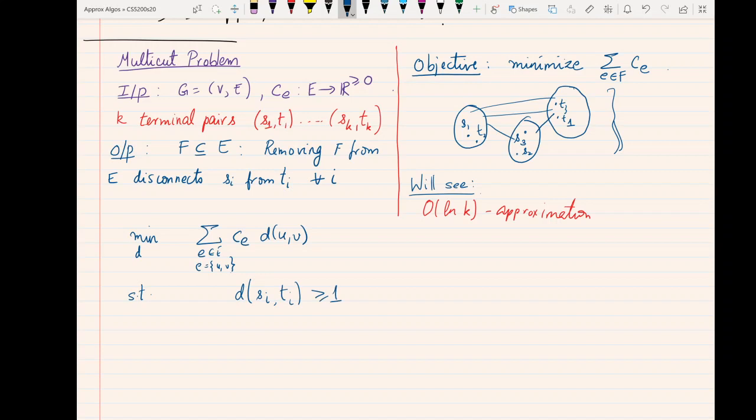So now the Si and Sj pairs can be close together, but every Si and Ti pair should be separated. And next, of course, you have the triangle inequalities, which state that d of UV is less than or equal to d of UW plus d of WV. And of course, these are all non-negative.